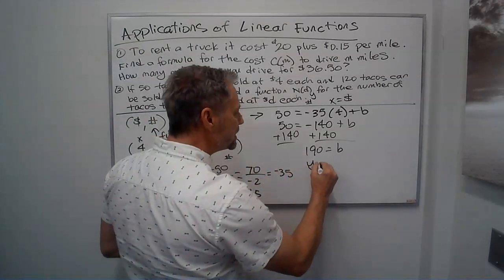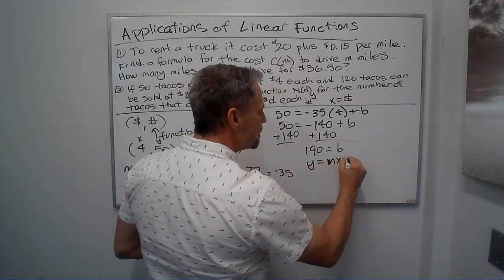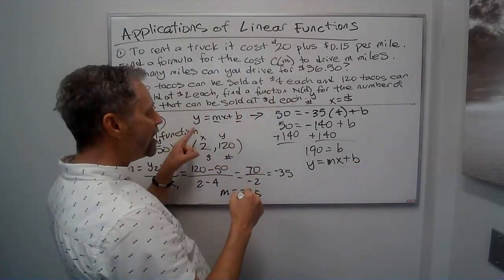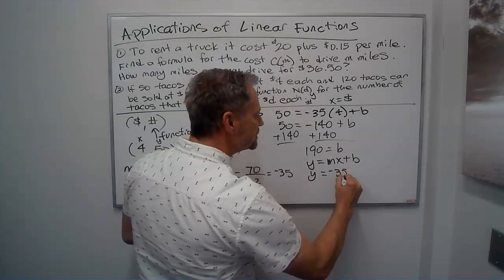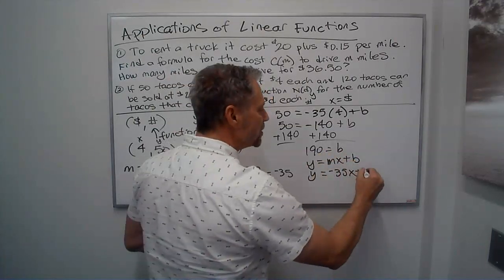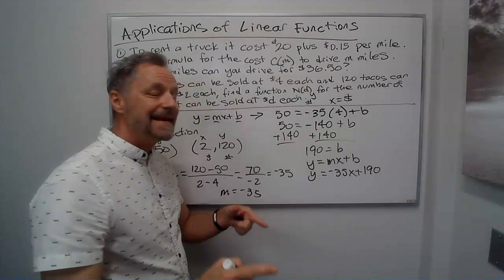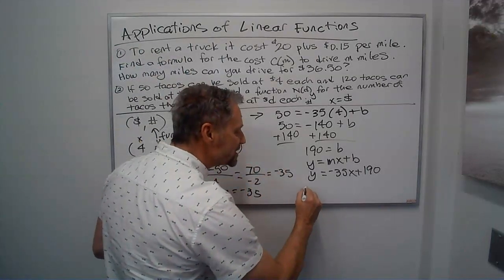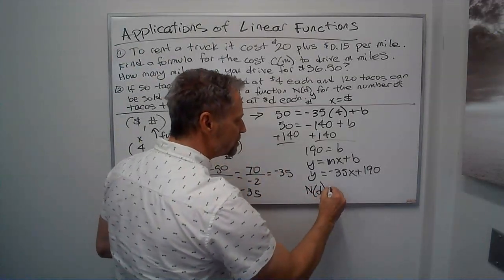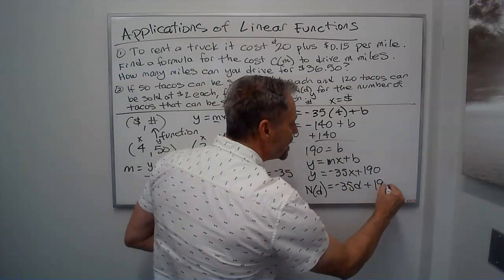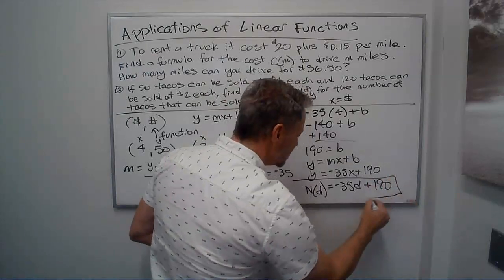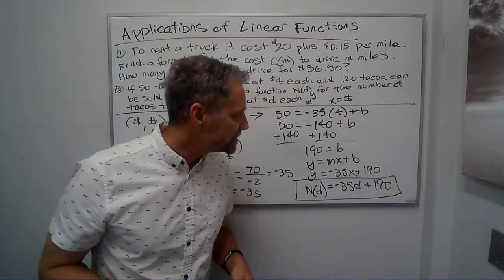So plugging it all in again to y equals mx plus b, I would get y equals negative 35 times x plus 190. And now in terms of the problem, remember y was the number of tacos, x was the number of dollars, D, and then 190 was my y-intercept, or my n-intercept in this case.